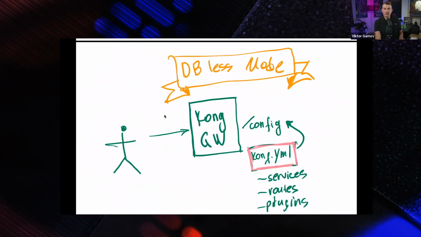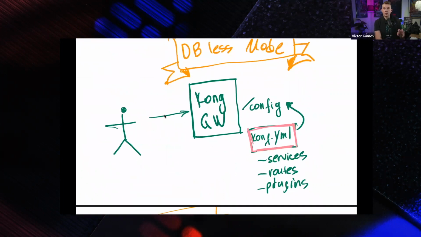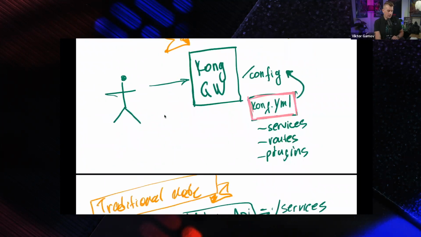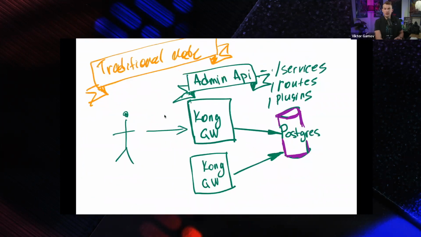DB-less mode, as simple as possible for development, and in this case, your Kong YAML will be your source of truth. With traditional mode, you have a database, you have the admin API, you can configure services, and you can have multiple gateways connected to the same database. They can share configuration. One of the gateways can change this configuration, and another gateway will pick it up eventually.